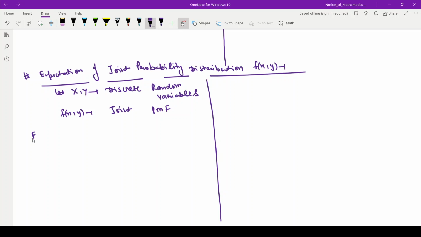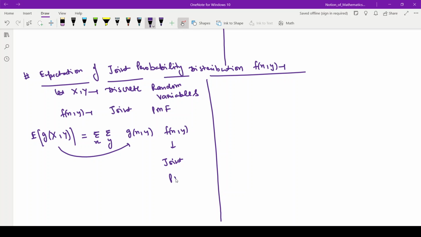So how to write the expectation of a joint function g(x,y)? Two variables are given, so two summations for x and y respectively. This will be g(x,y) into the associated joint PMF, the joint probability mass function. So it's like this only.